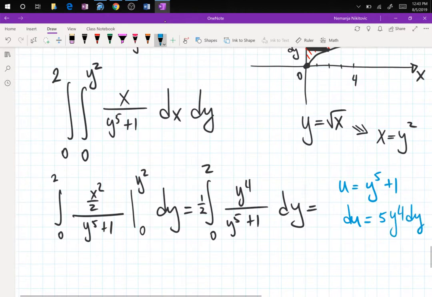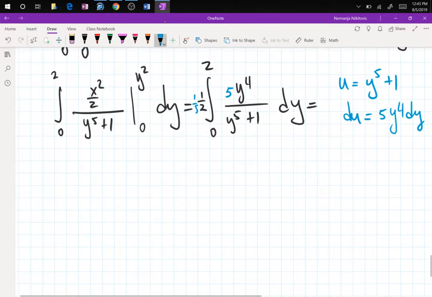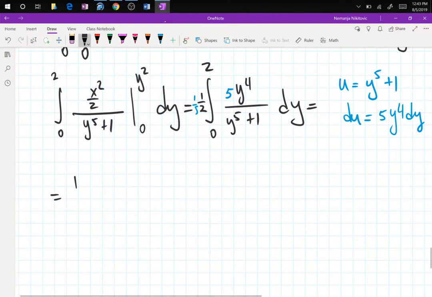I don't have a 5, so I'll have to put a 5 and 1 over 5 in front, which makes it 1 over 10 now. Integral of, and what do I get? I get du over u.